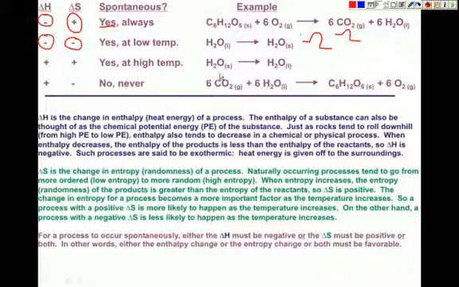Now for the next one right here, we have the exact opposite reaction. We have a solid going into a liquid. Now, a solid going into a liquid means the amount of randomness is increasing. However, since this is absorbing energy, the change in enthalpy is increasing. So this is not pushing it towards products.